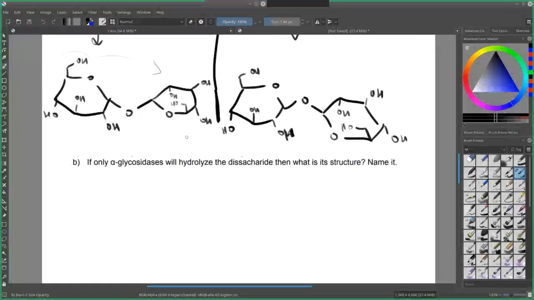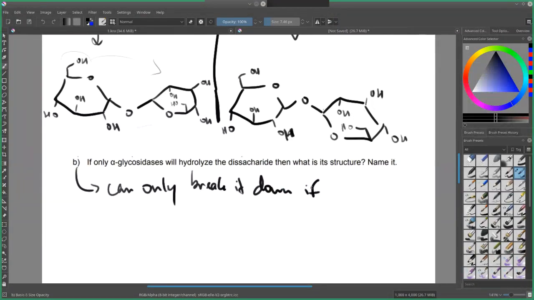Okay. So what this means is you can only break it down if there are alpha linkages.